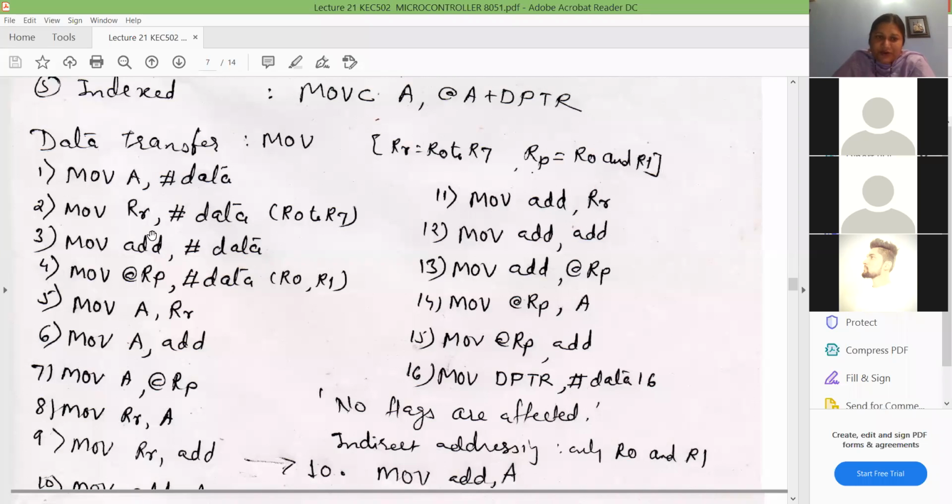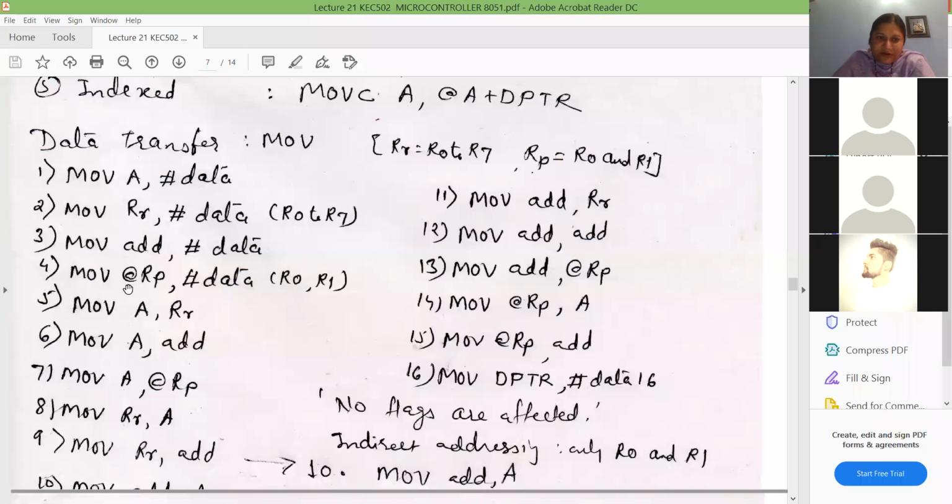Similarly, you can use an 8-bit address, because you have 128 bytes of RAM. So you can use that 8-bit address directly over here, and you can move the data to that particular address. So not only the accumulator, not only Rn, you can move the data into an address also.